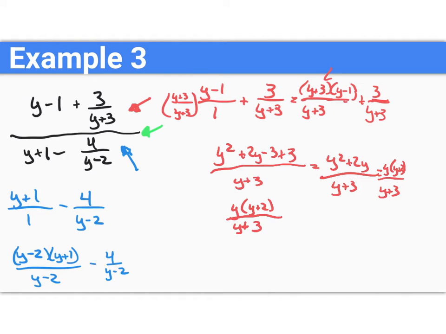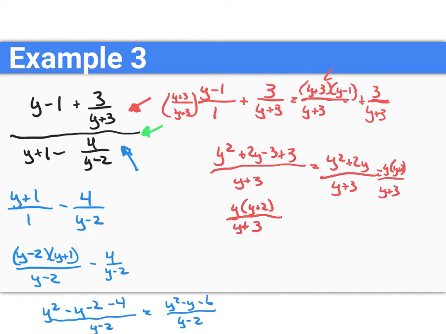We do the same thing we did in the other problem. You get y squared minus 2y plus 1y minus y minus 2 minus 4 all over y minus 2, which gives us y squared minus y minus 6 over y minus 2.